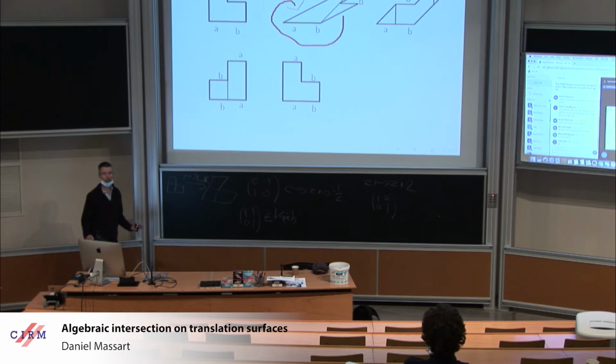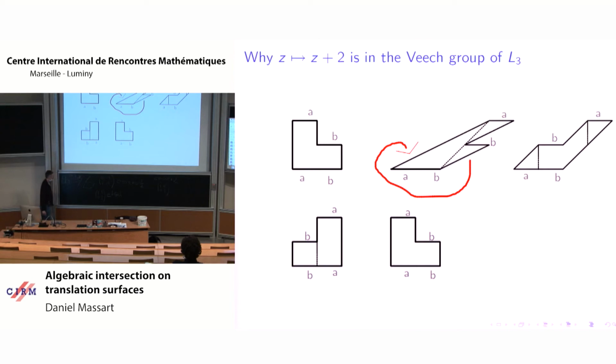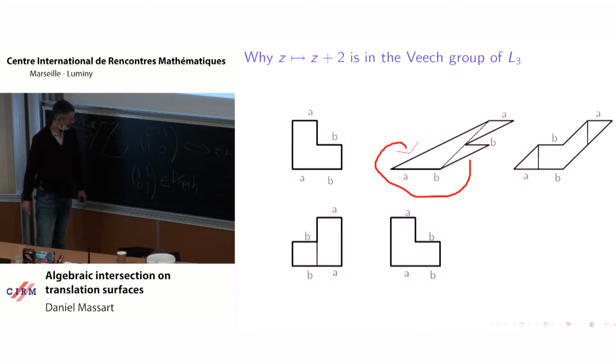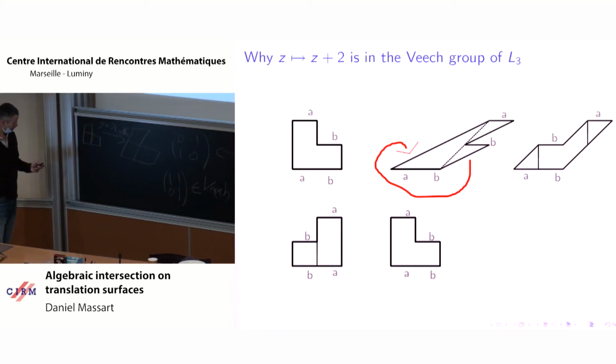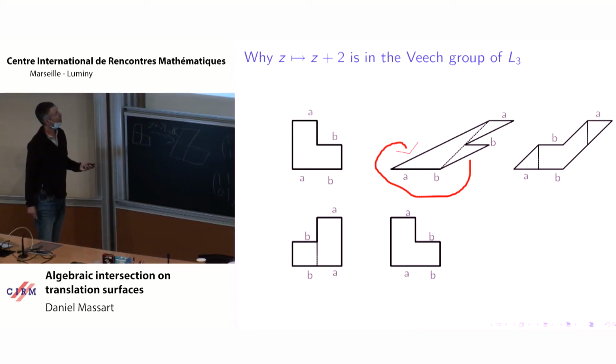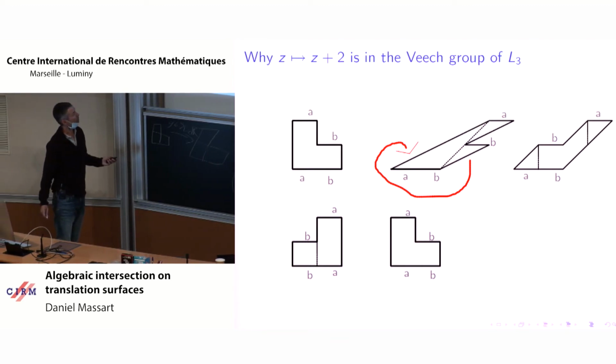I'm almost sure it's 3. Because you have this one, the other one, and the identity. Yeah, so. Okay, so now I have computed the Veech group of my surface.